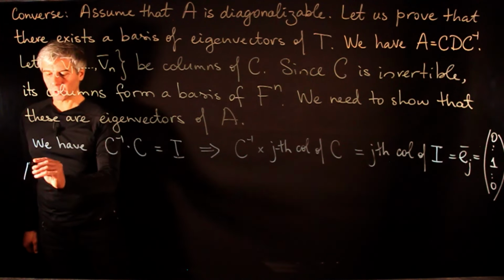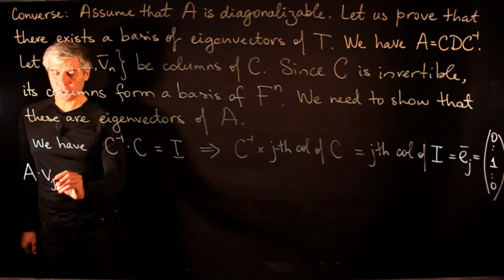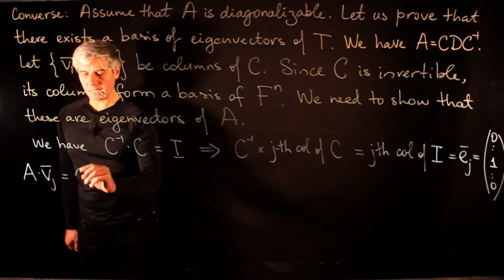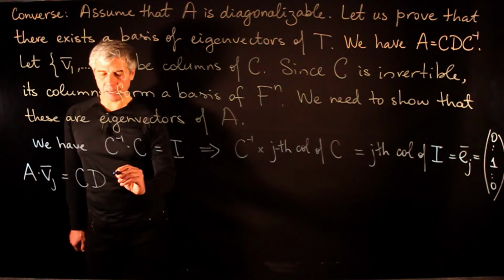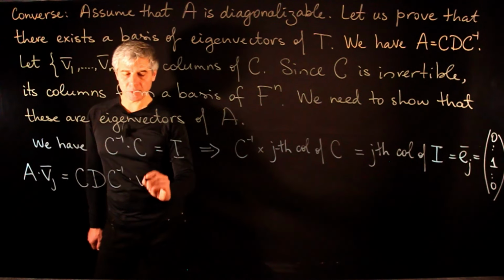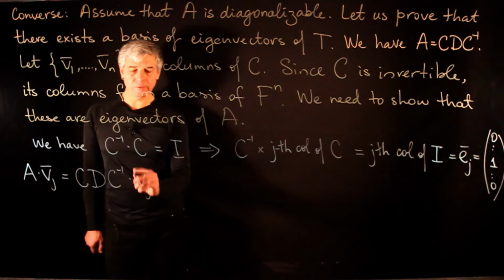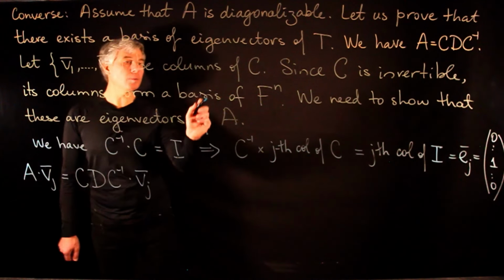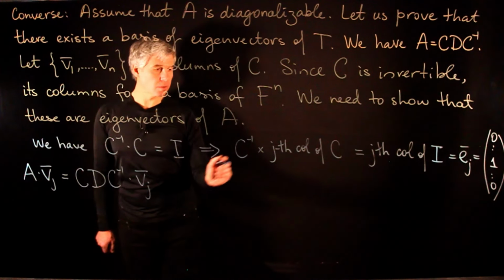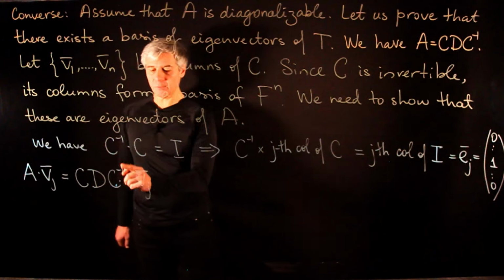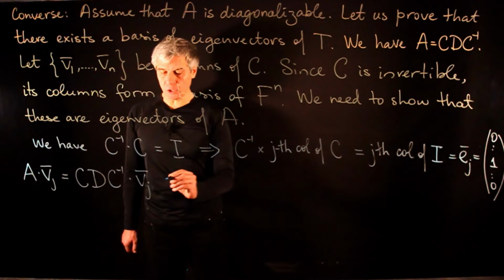Now, let us compute A times the vector Vj. So this is C times D times C inverse times Vj. And Vj is the jth column of matrix C. So then, by what we wrote here, C inverse times Vj is equal to Ej.